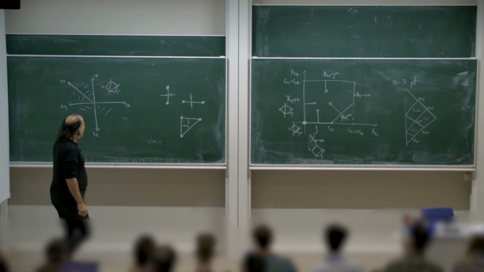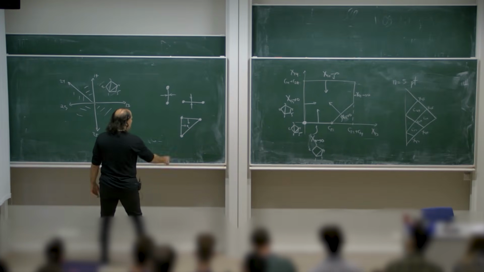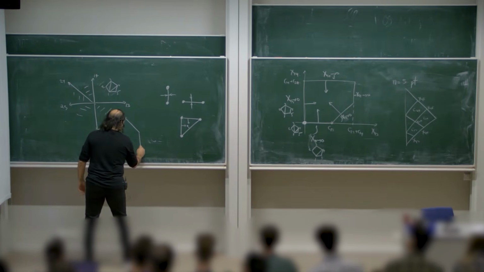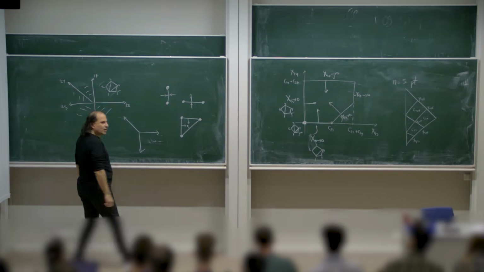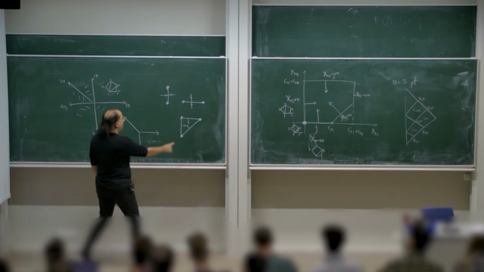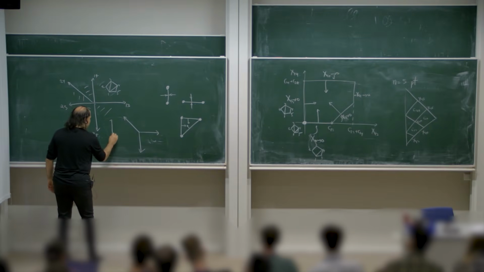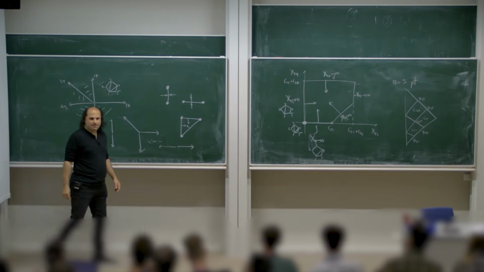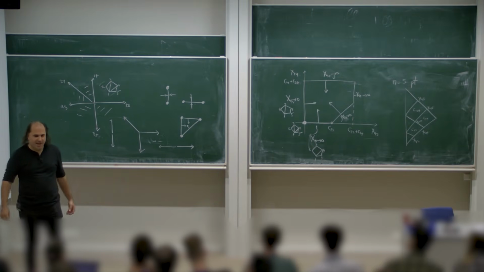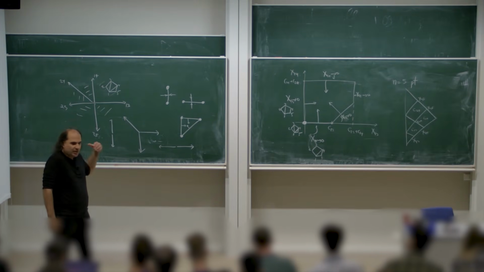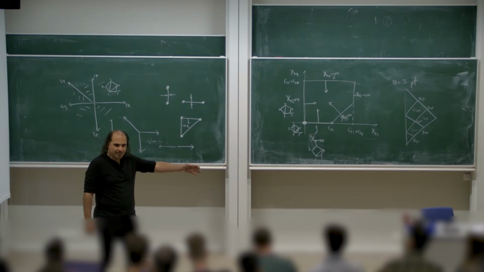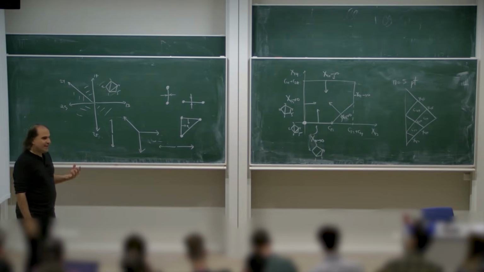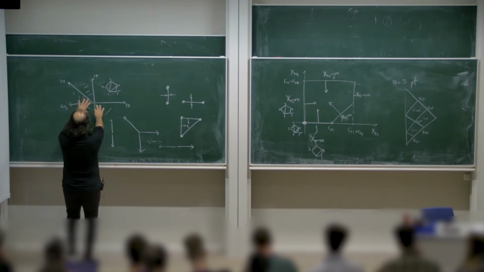So notice that if I draw this one, it looks like this. If I draw this one, it just looks like this. And if I draw the other one, it looks like this. So the fact that you can build the associahedron as a Minkowski sum is reflected, in the language of the normal fan, in the following cool thing. This has 5 pieces.